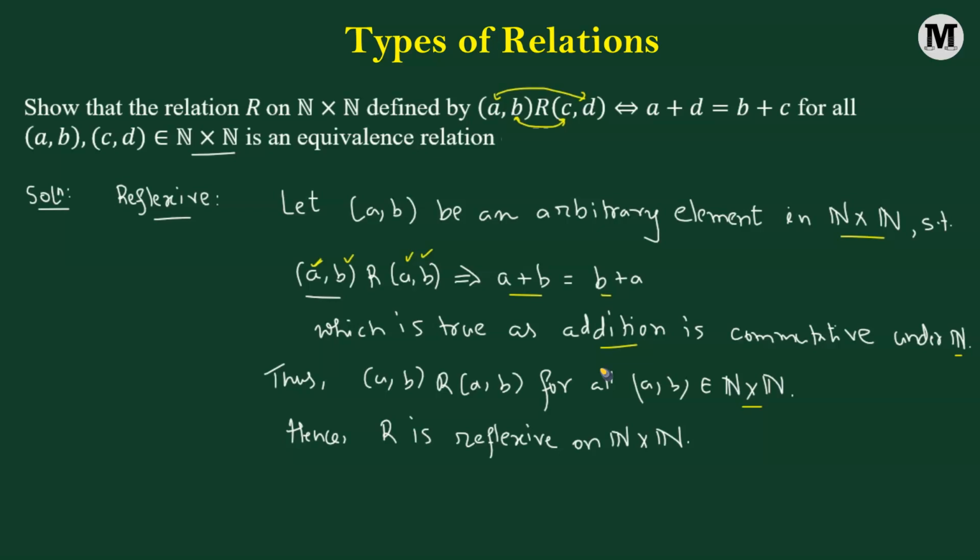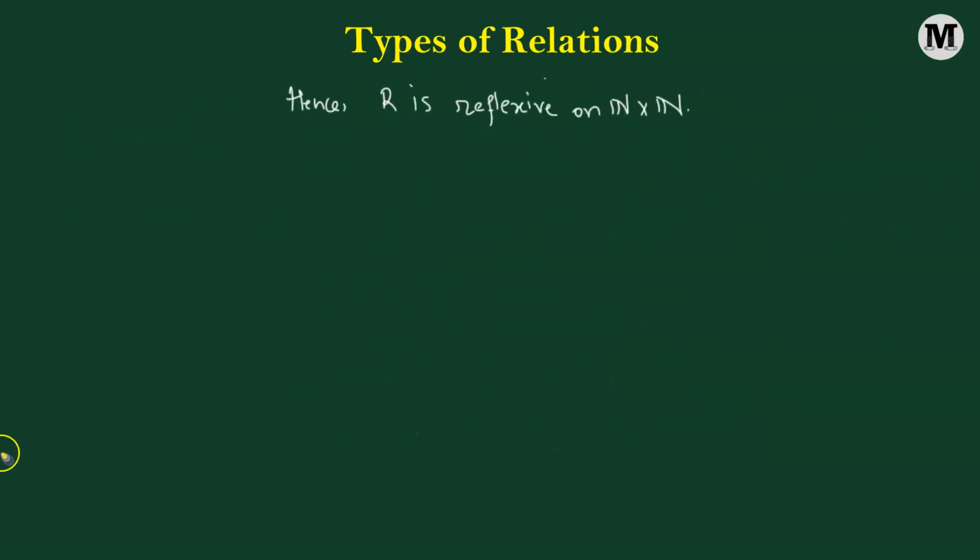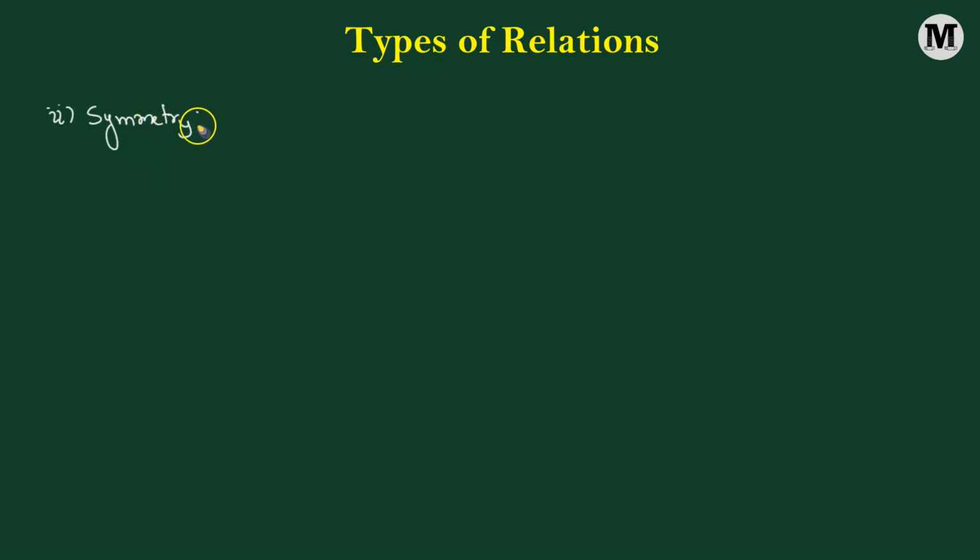Now let's go to the second part. That means we will show that our relation is symmetric. So how to check for symmetry? In order to verify whether our relation is symmetric or not, we will be considering two arbitrary elements.